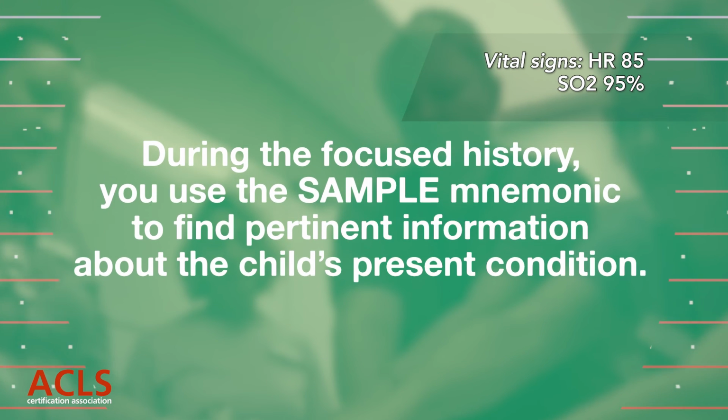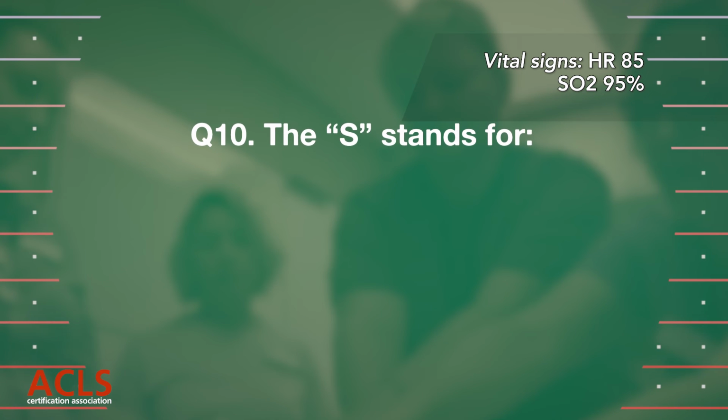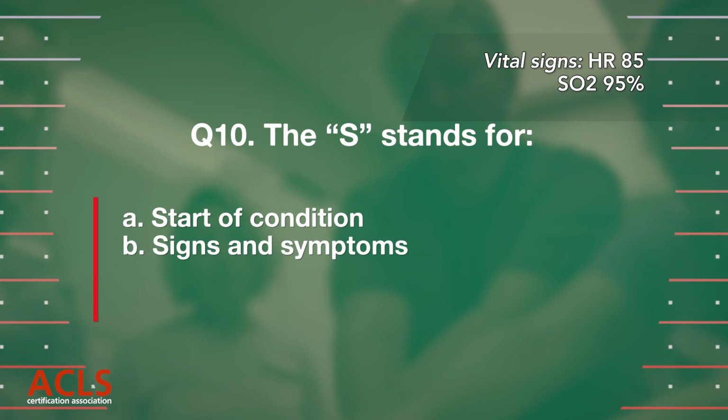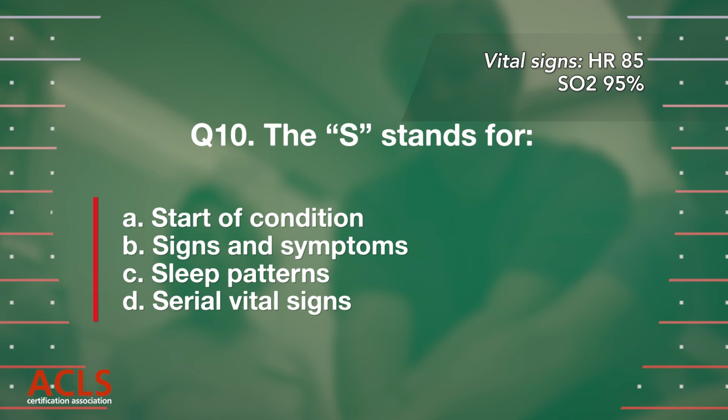During the focused history, you use the SAMPLE mnemonic to find pertinent information about the child's present condition. 10. The S stands for A. Start of condition. B. Signs and symptoms. C. Sleep pattern. D. Serial vital signs.